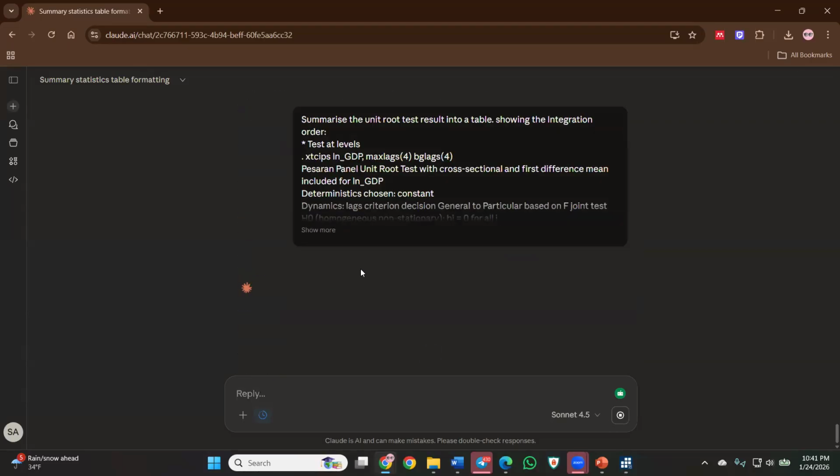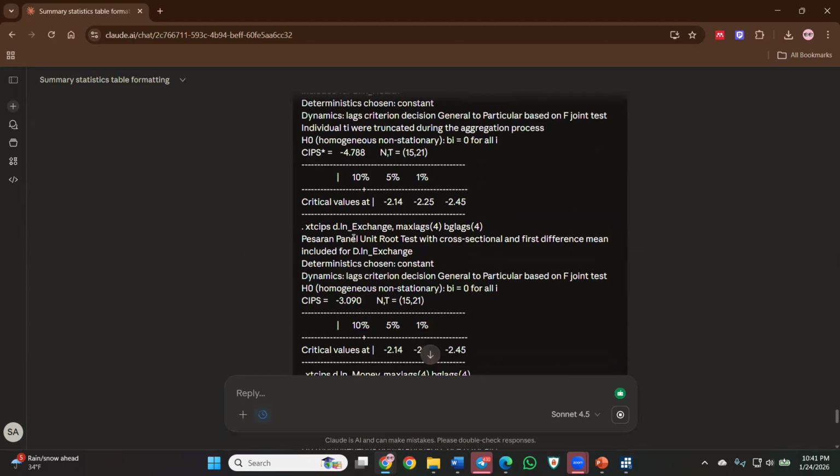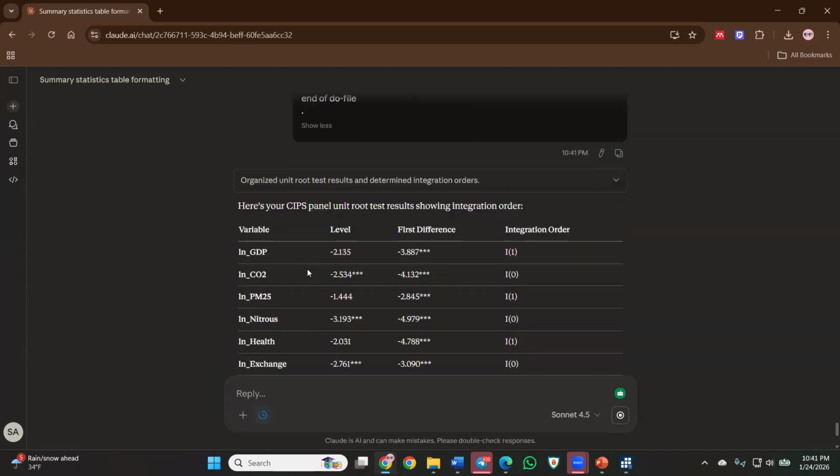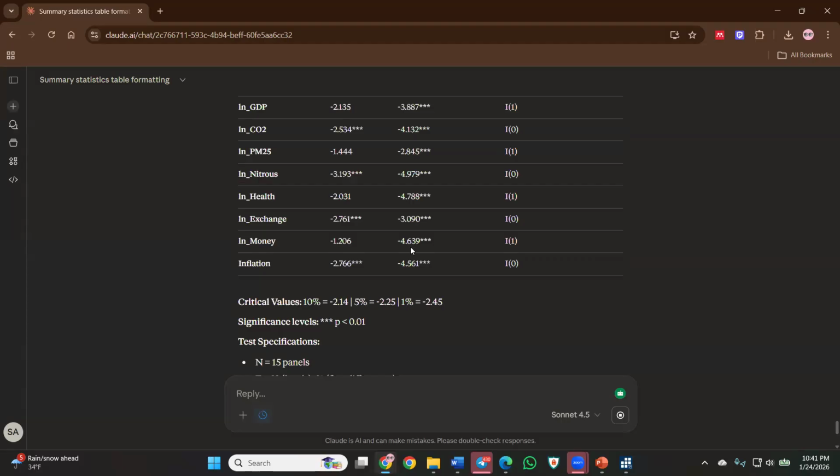If you are running alongside me, you can follow the process I'm using. If you want to extract it manually, that is fine too, but I don't have time to do that. So let's see the results.